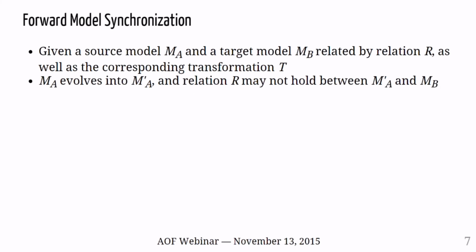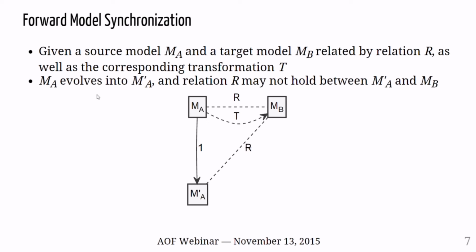But there is, of course, time which appears and which makes models evolve. If MA evolves into MA prime, then of course the relation between MA prime and MB, which is struck out here on the view, may not hold anymore, because something changed on one side but not on the other.